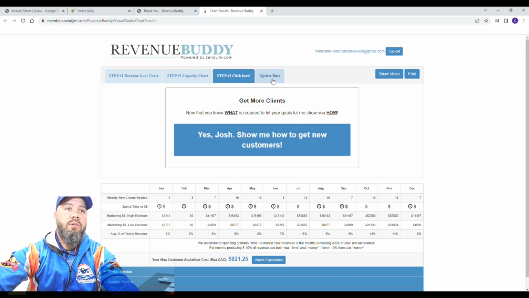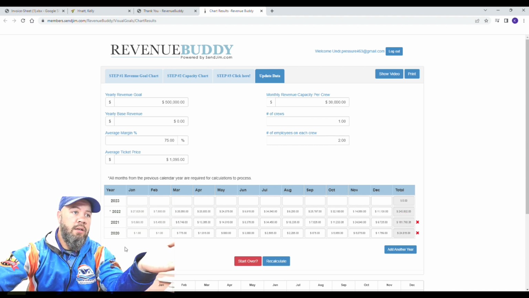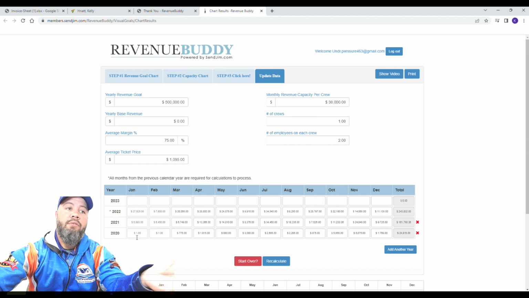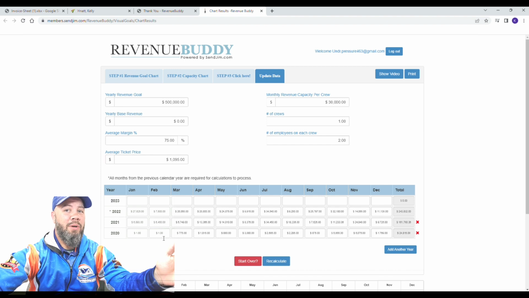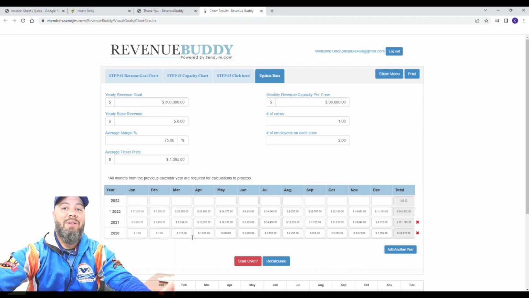However, you go to the update data information, and you can see, like I said, we've been using it the last 3 years, and you can see what our annual revenues have been for the last 3 years because we input this on a monthly basis. Obviously we didn't start in January or February of 2020. I started my business in February of 2020, but I didn't start making any money until March. That first month in March, we only did $775.